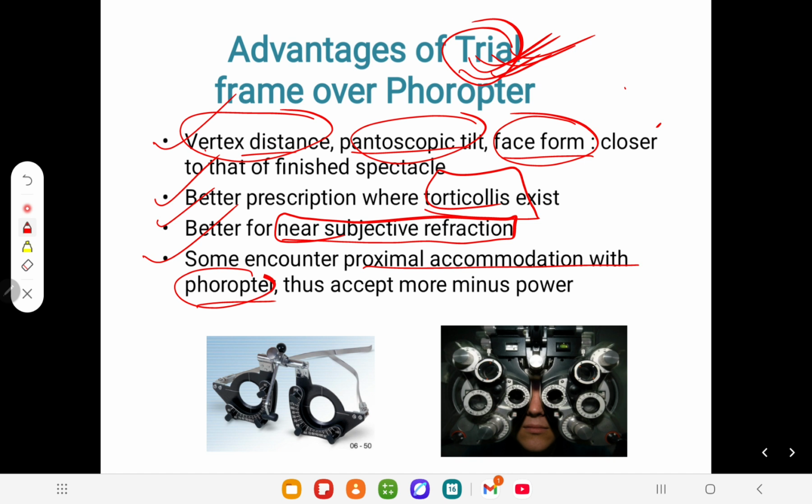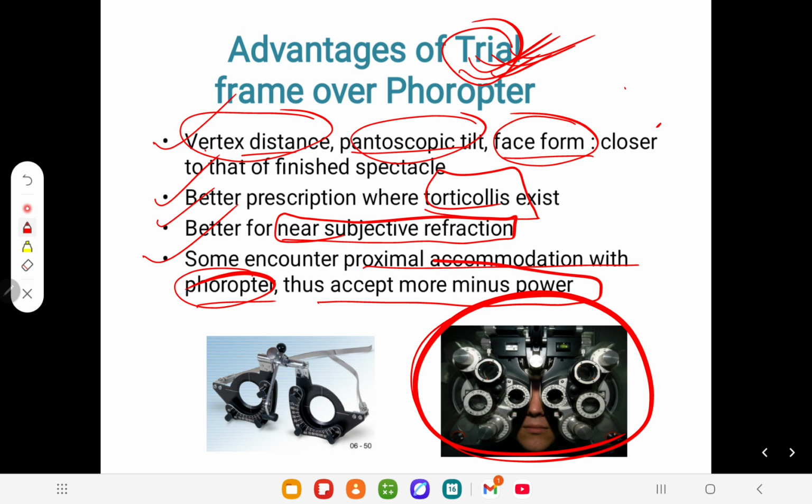In the case of the phoropter, because of all the systems the phoropter has, the patient feels that the target is proximal, that the target is near. So with the phoropter there is a chance that the patient accommodates, and there is a huge chance that minus power is overcorrected, that they accept more minus power. That's important to understand.